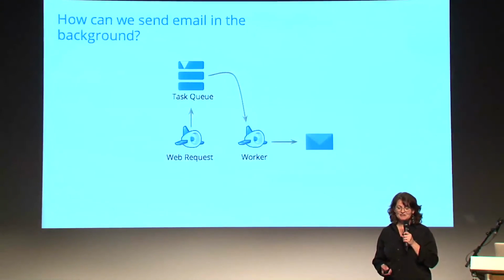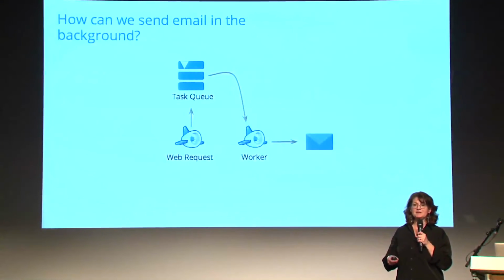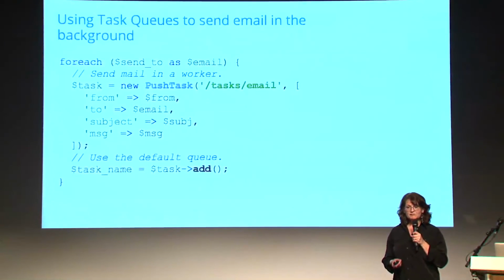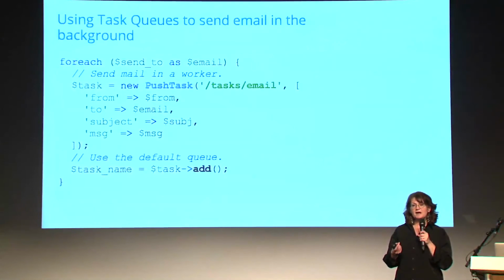And here's a figure of that. We're going to send this bunch of emails that we need to send in the background, decoupled from our client request response cycle. So what would that look like? For each email that we want to send, we're going to define a task queue task. These are essentially just units of work.